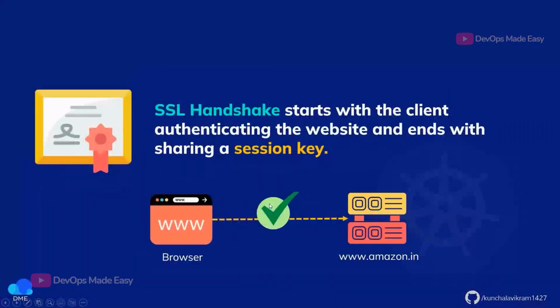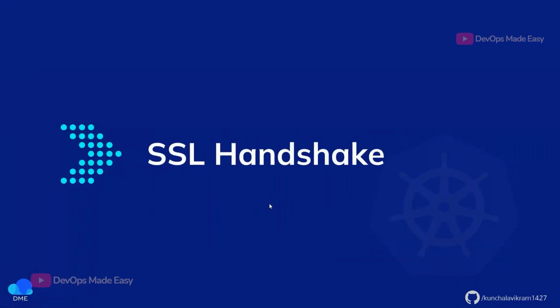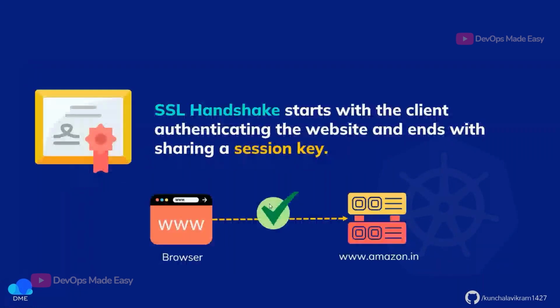So we need to talk about the SSL handshake. Before you see your website on the browser, a lot of things happen in the background, and we call it the SSL handshake. It means whenever you try to connect from your browser to your website, this is the actual method that happens underneath.